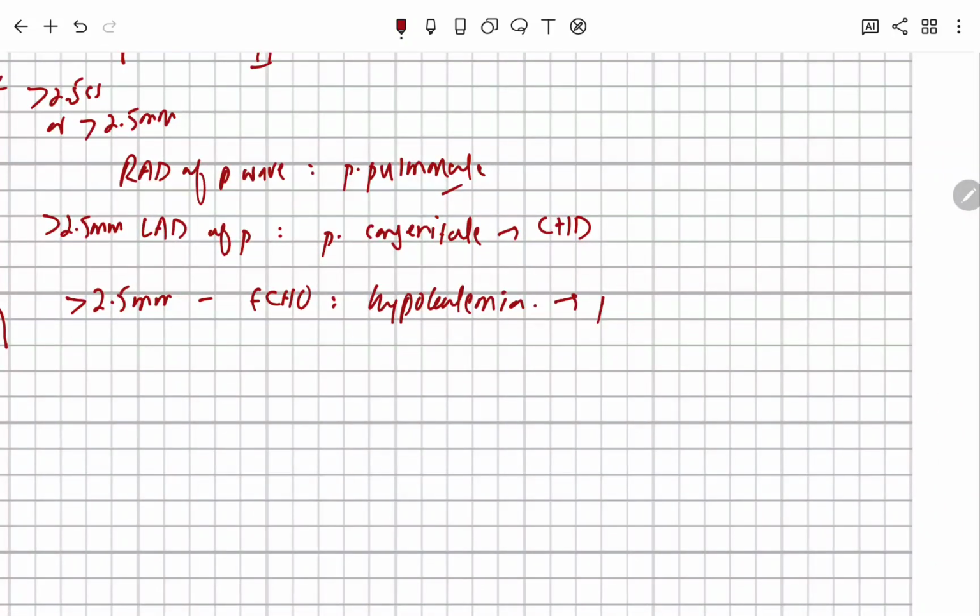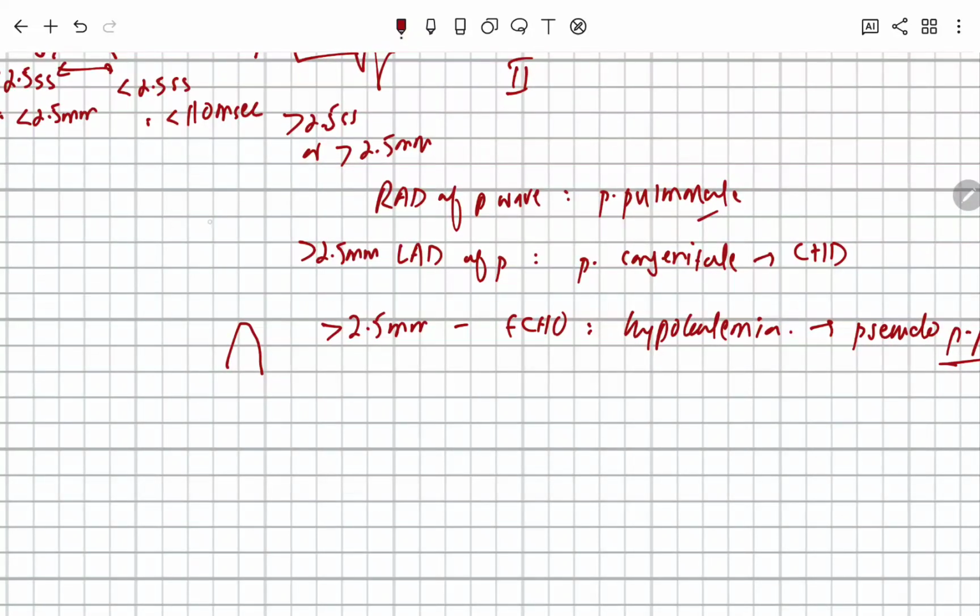We're going to call it pseudo P pulmonale. So these are the three conditions we're going to see if the height is more than 2.5 small scales: P pulmonale, P congenital, or pseudo P pulmonale.